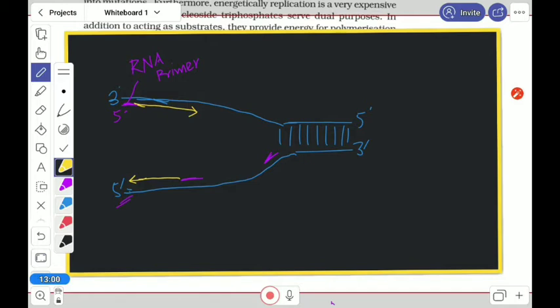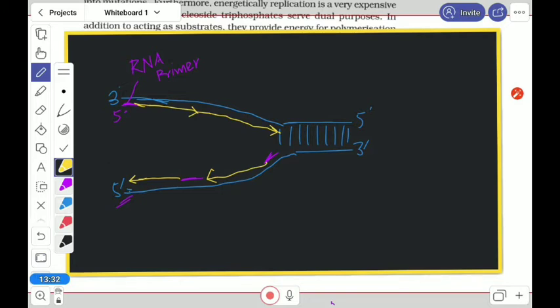Now look at here, the strand in the 3 direction, according to that rule, will go normally, but the other strand has to start again with an RNA primer, and again it will move in that way. So one strand will be straight, and the other strand will be fragmented.